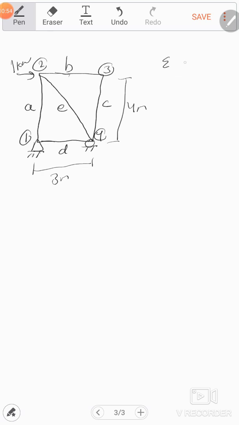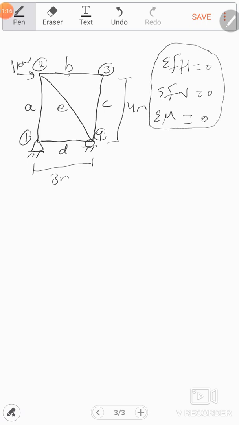We have summation of horizontal forces equals 0, summation of vertical forces equals 0, and also summation of moments at any point you want equals 0. These will help you find the values. At the roller we have one reaction, I will call it V2. And at node number 1, we have V1 and H1, the force in the horizontal direction.